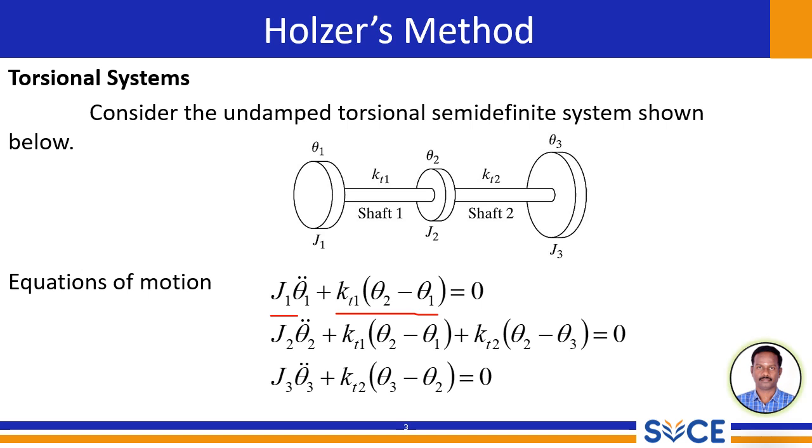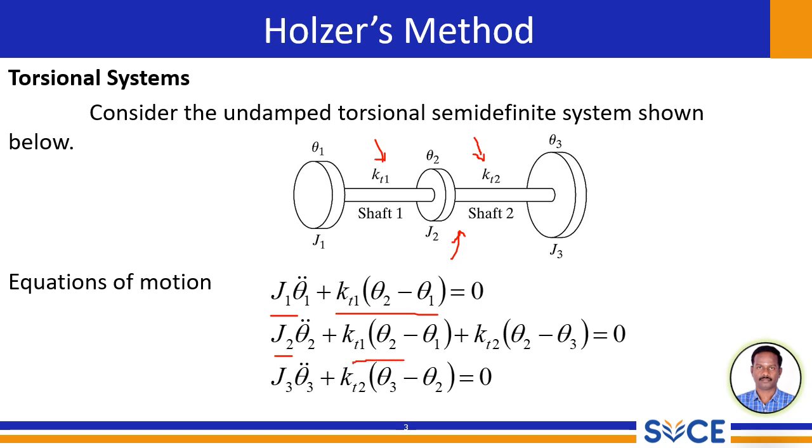In the same fashion, if we write the equation of motion for J2, what will happen? For J2, the inertia torque is J2 theta 2 double dot. It is simple, but in the case of stiffness force, we have to account for kt1 as well as kt2 for theta 2. So for kt1, the stiffness force is kt1 into (theta 2 minus theta 1).